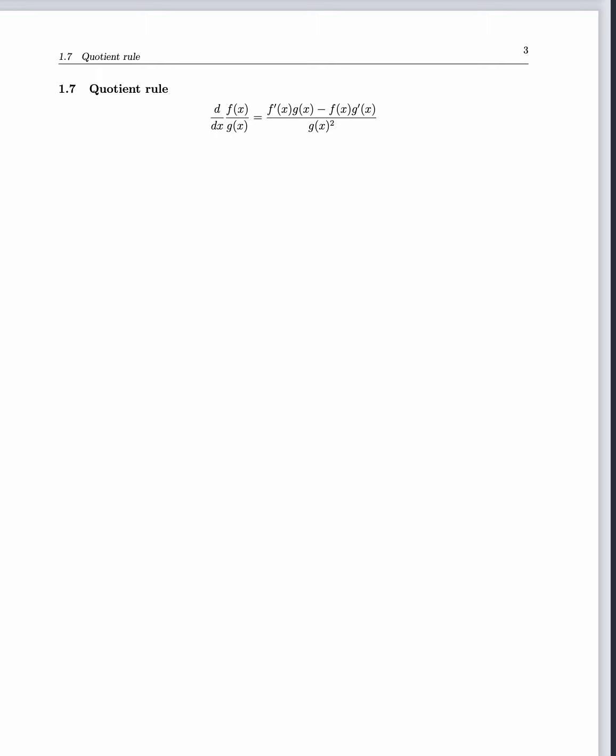Find the derivative of 2x ln of x plus square root of e to the x, all over x, dx.